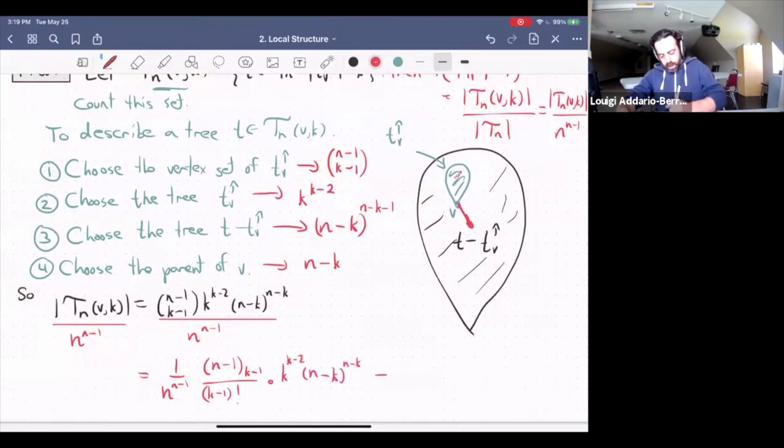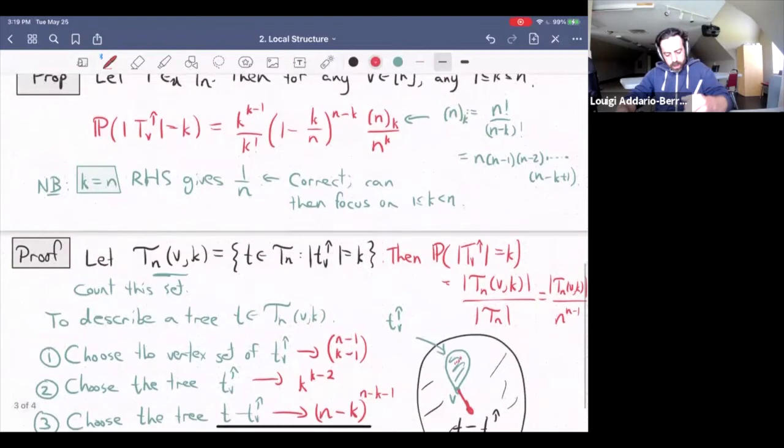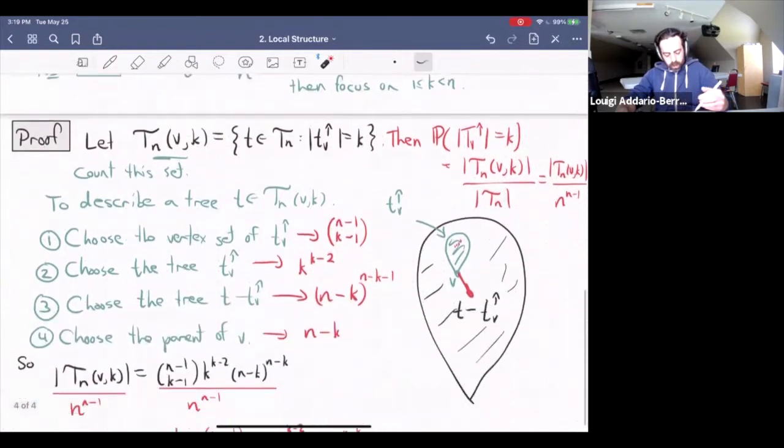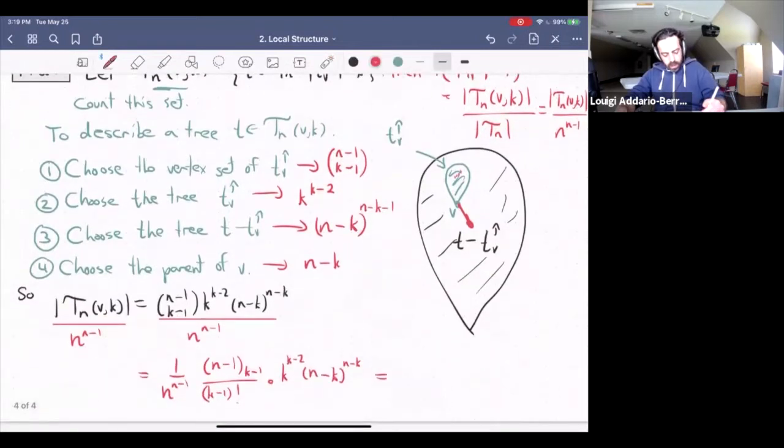And so let's look back at how I'd written the expression. We sort of had the factors of k, then a ratio of terms involving n, and this is (n minus k) over n to the n minus k. So let's just check that all checks out.